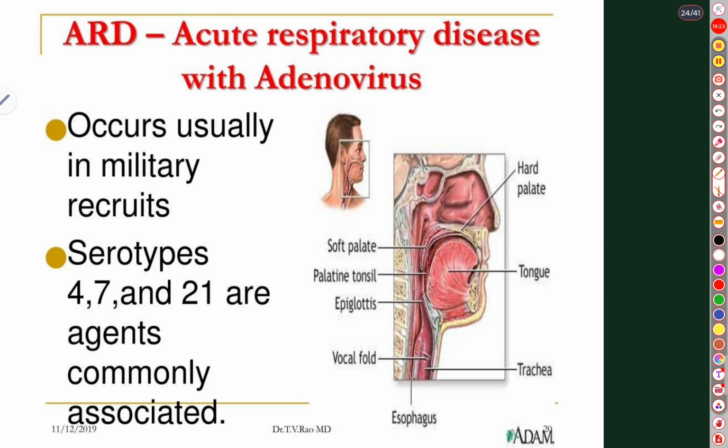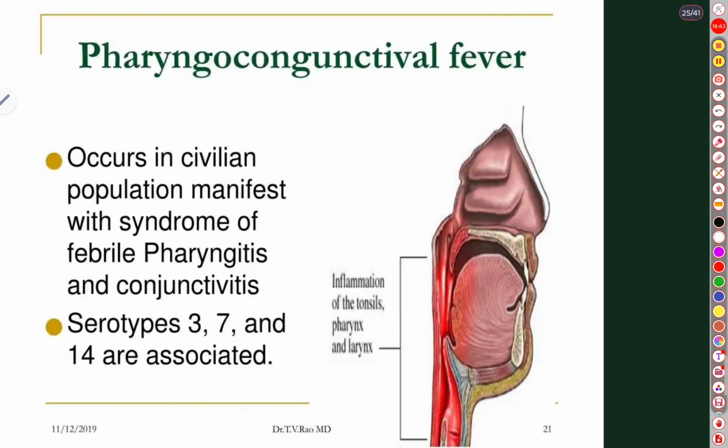The acute respiratory diseases with adenovirus, as we have already studied, these are just the serotypes, which is only informed here. It happens in the military recruits. The common agent associated with this is serotype 4, 7 and serotype number 21. Then for the pharyngoconjunctival fever, the serotype 3, 7 and 14 are generally associated.